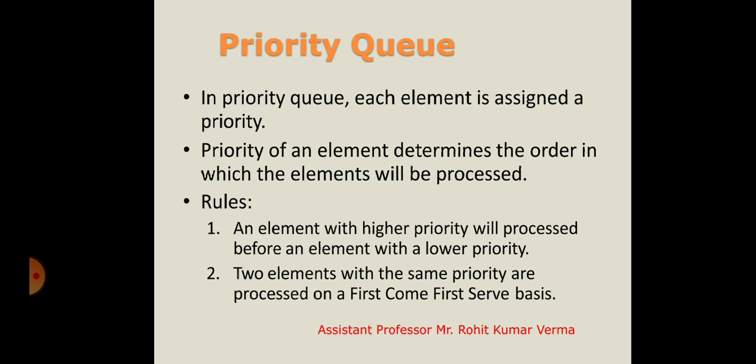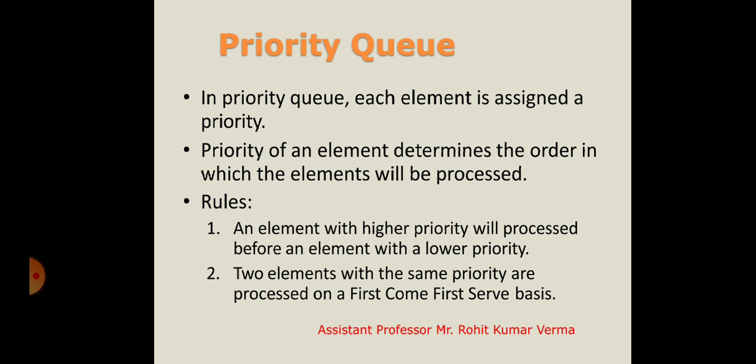Second thing, whenever we have two elements that have the same priority, in that case we use first come first serve basis. Okay, so whenever we are trying to access the elements we use first come first serve. So this is our priority queue.